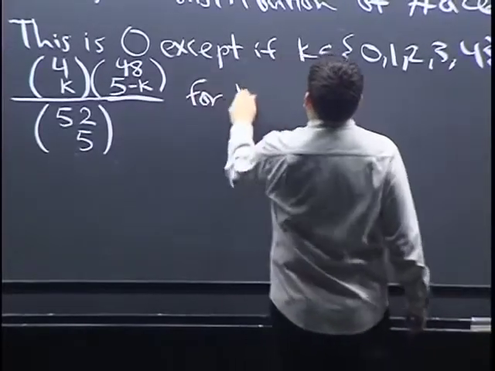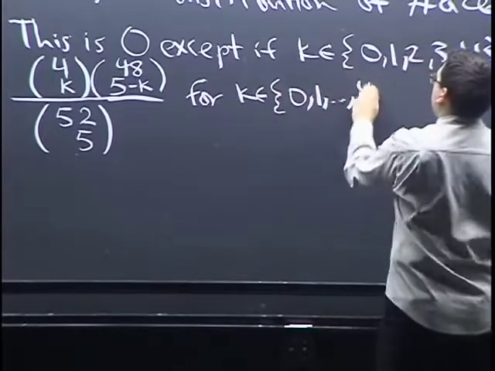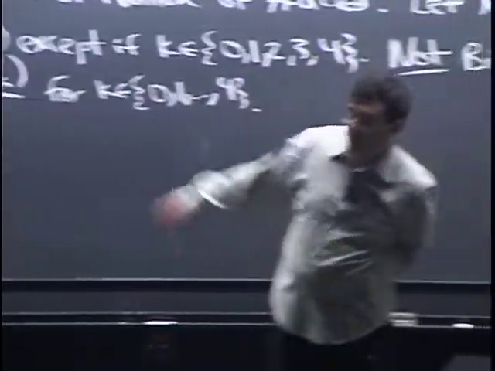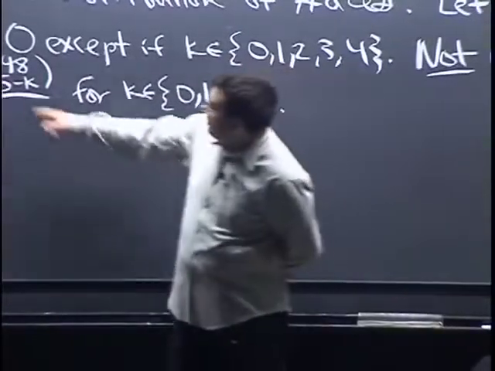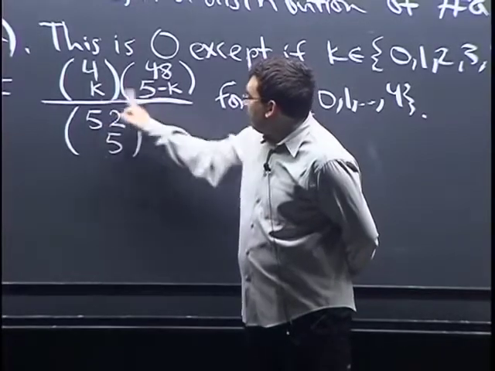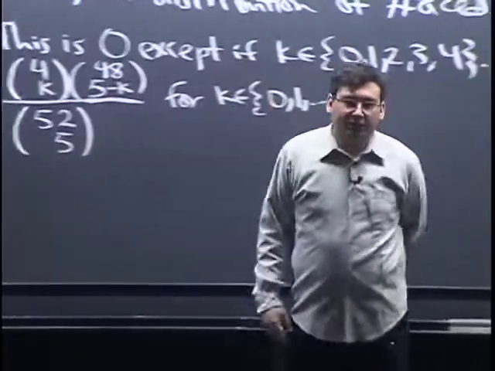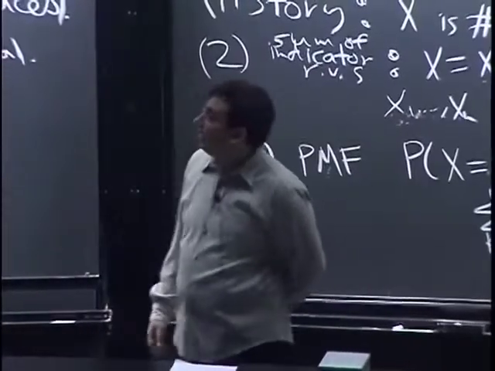So that's for k between 0 and 4. That's just the multiplication rule and the naive definition. It has a neat pattern: 4 plus 48 is 52, and k plus 5 minus k is 5. It's kind of nice looking. All right, so that's the answer.